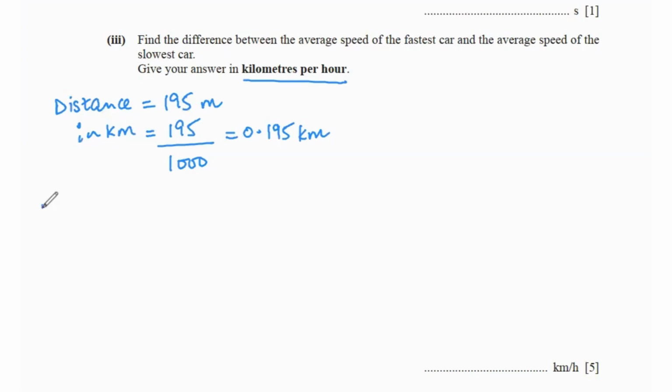Now for the slowest car, the time is 6 seconds.